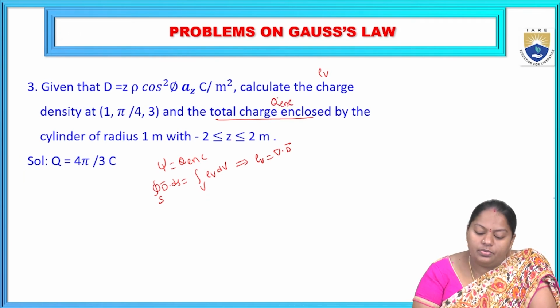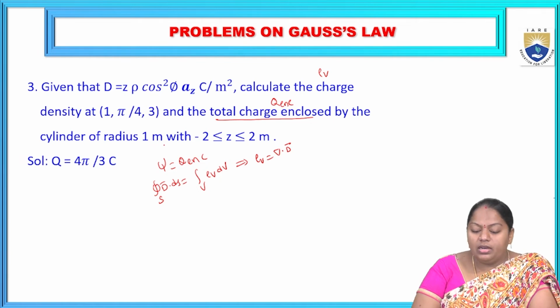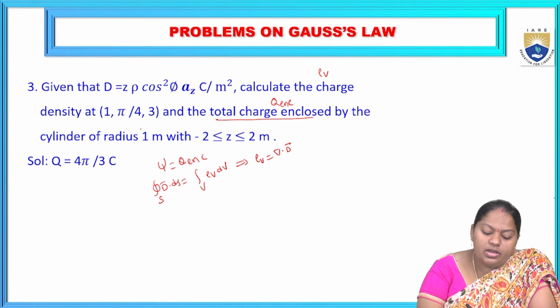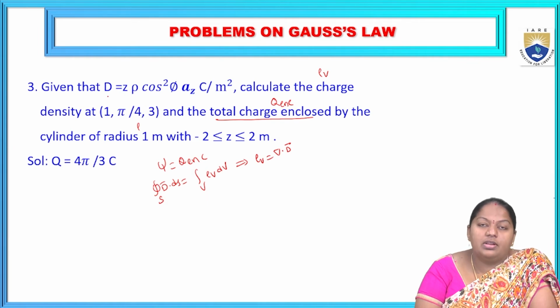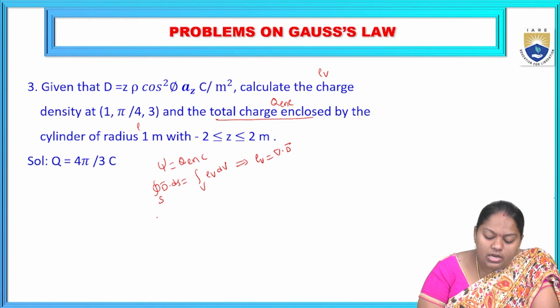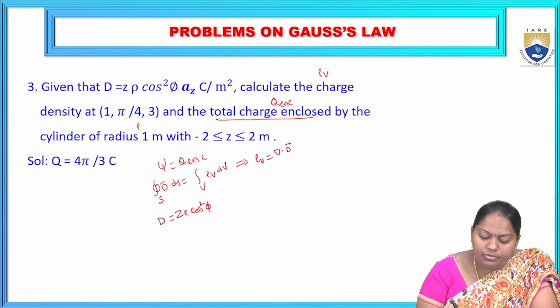The cylinder radius is given as 1 meter, and the cylinder radius we denote by rho. Now in order to evaluate the total charge, first we have to find the charge density associated with the flux density D, which is given as D equal to Z rho cos square phi AZ coulomb per meter square.